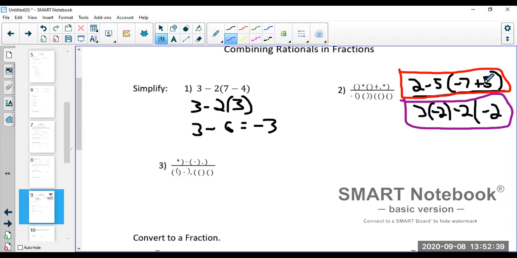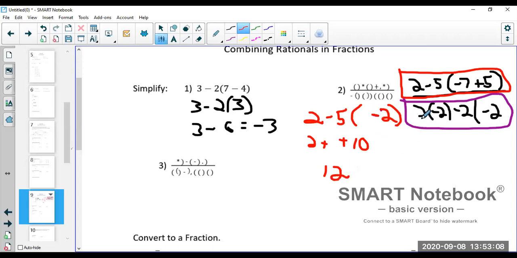We do the negative 7 plus 5 first, which will give us negative 2. We go negative 2 and 2 minus 5, all brackets, and we get 2 minus negative 10, and we know that those become addition, so we have 12.